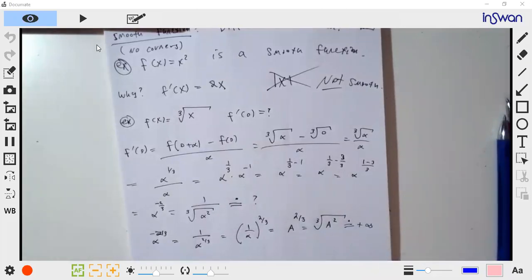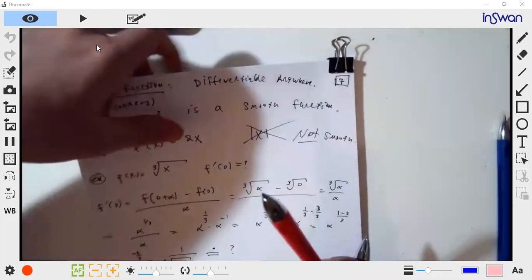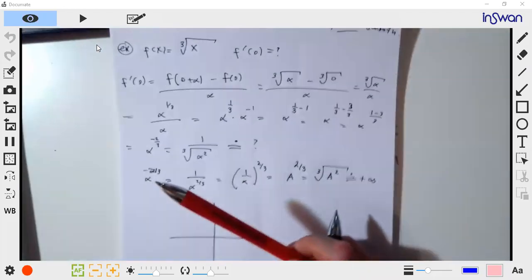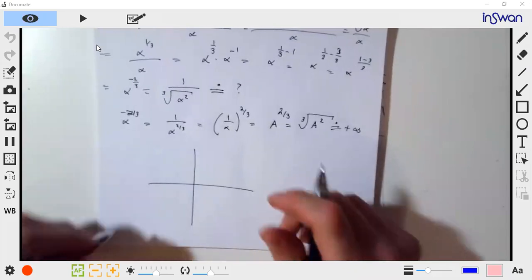So what does that mean? Well, let's graph the function cube root of x. Cube root of x looks like this.